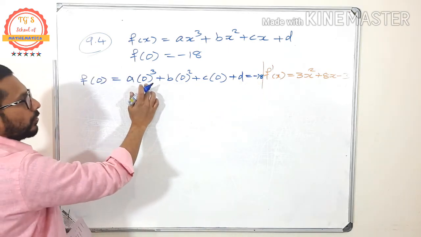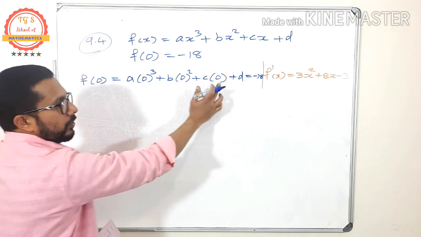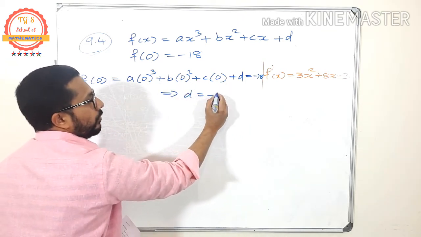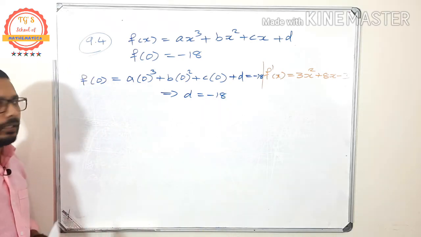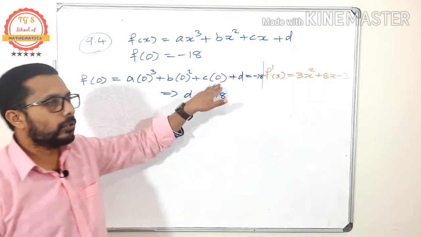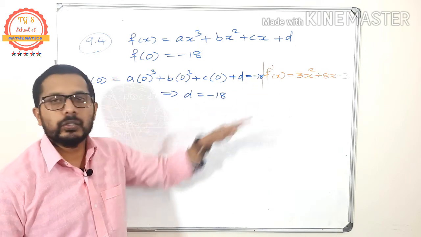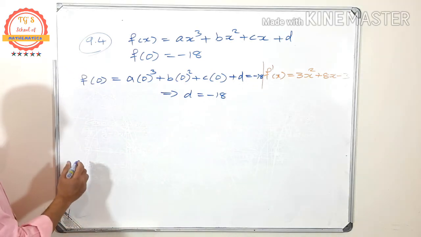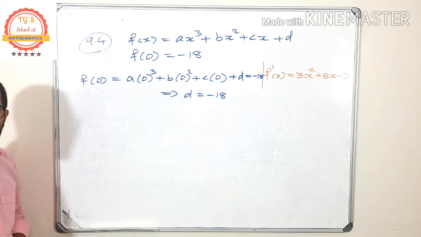So a into 0 is 0, and the remaining 0 plus 0 plus 0 is 0. So d is equal to minus 18. Okay. So now we know that the value of d is minus 18.